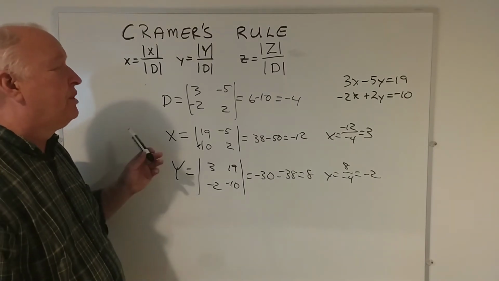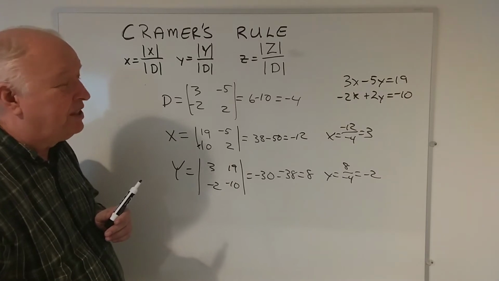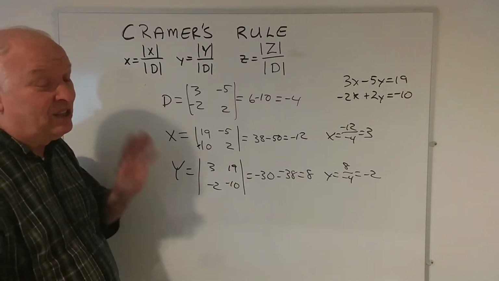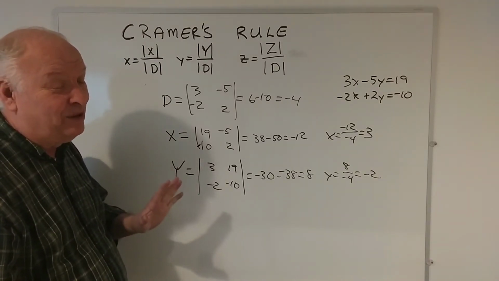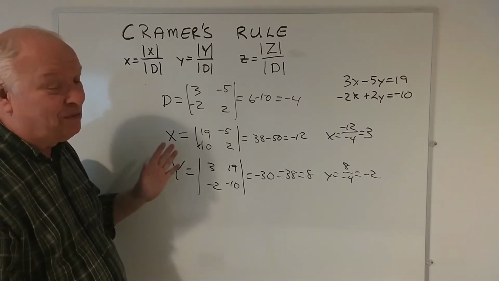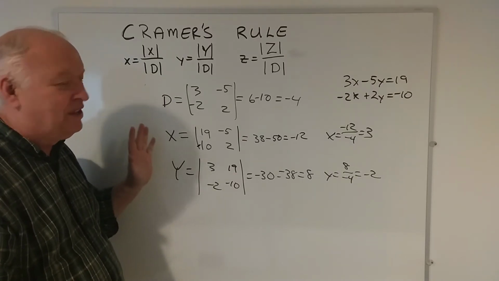Now I'm going to show you how to do a 3 by 3 matrix using Cramer's rule. Now, I'll be honest, I did one problem, I couldn't get the right answer no matter how I tried. I kept making mistakes. And then I did this one, I just started a new one, and it took me 4 tries before I got all the mistakes out.